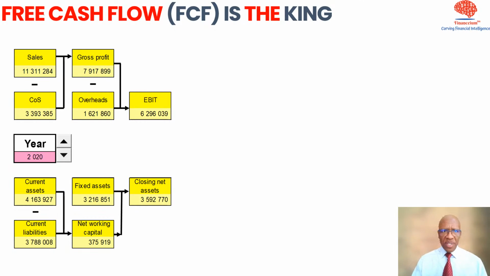Now that we have understood that, once you have subtracted your overheads, your operating expenses, you come to one of the key metrics in your income statement, your earnings before interest and tax. This is your operating profit, or what we like to call your second level of profit.